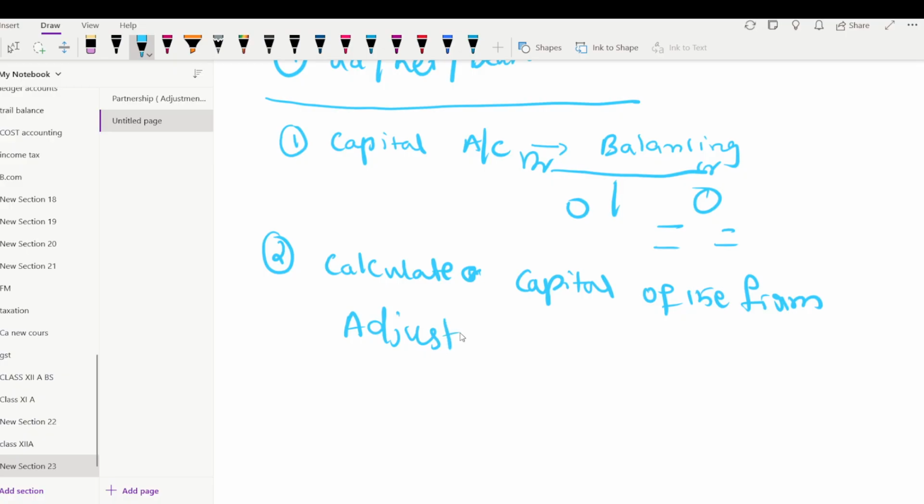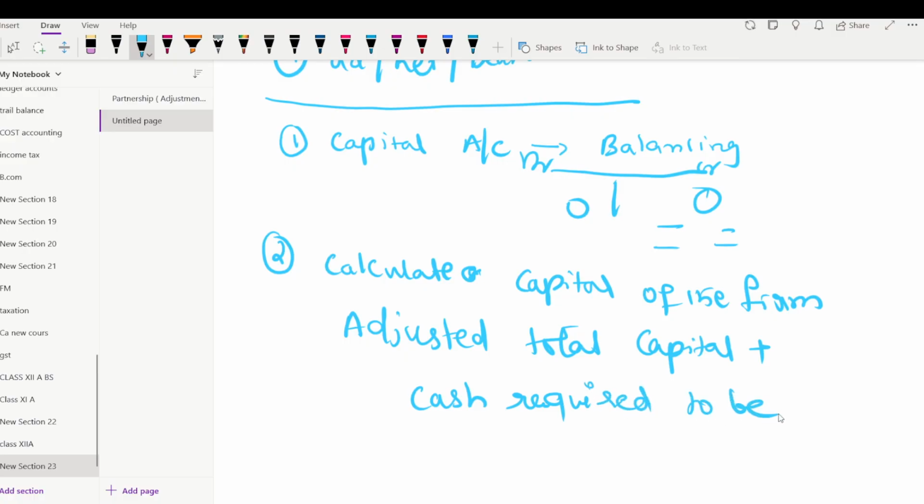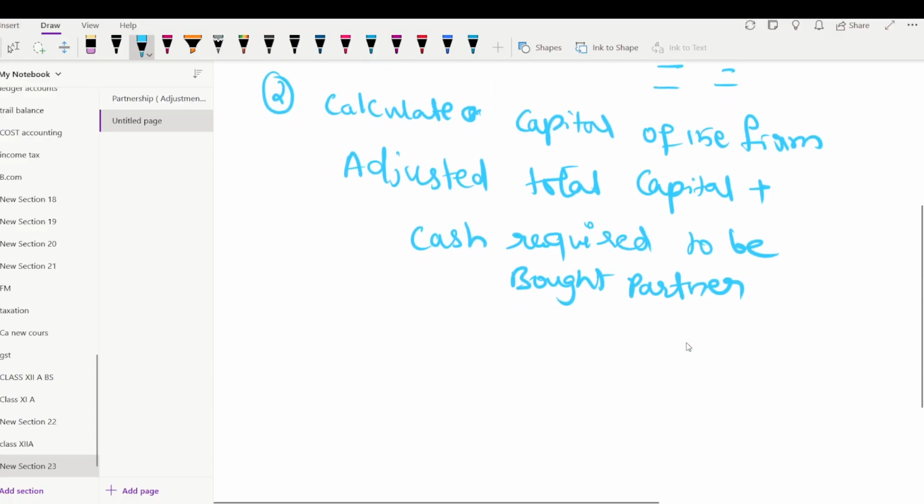Adjusted total capital plus cash required to be brought by the partner. How will you know the cash required to be brought by the partner?